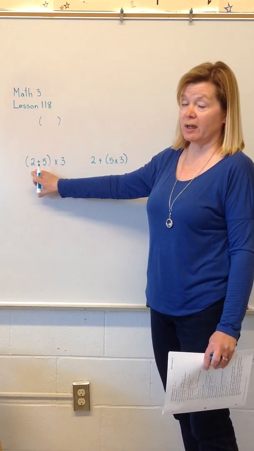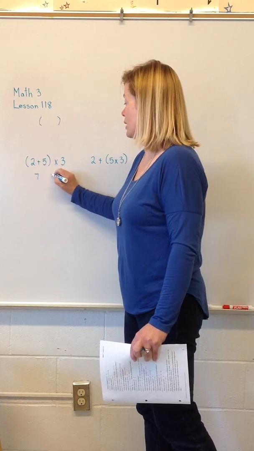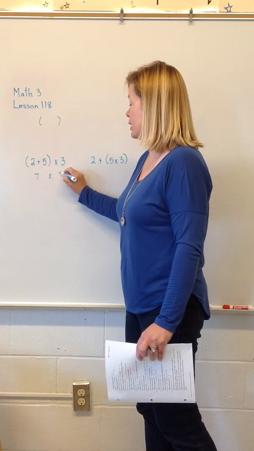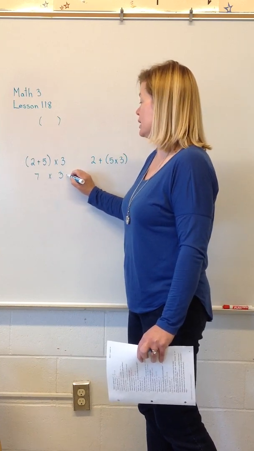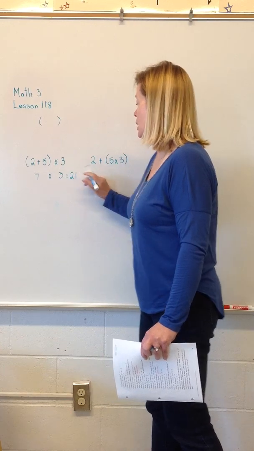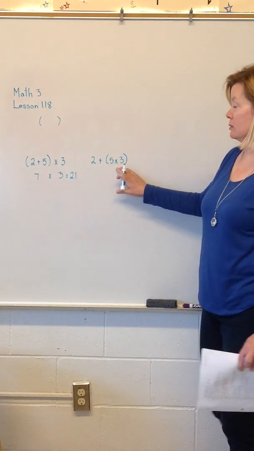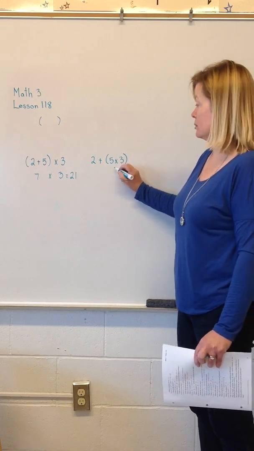In this problem, it means that we need to do this part of it first. So what is 2 plus 5? 7. Then we're going to multiply that by 3. 7 times 3 is 21. Okay, on this side, we need to multiply 5 times 3 first.